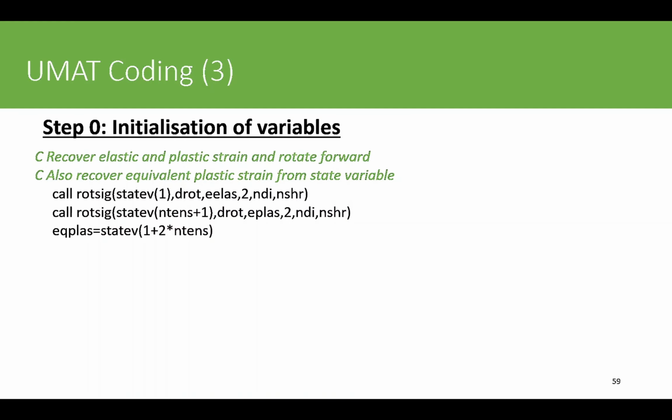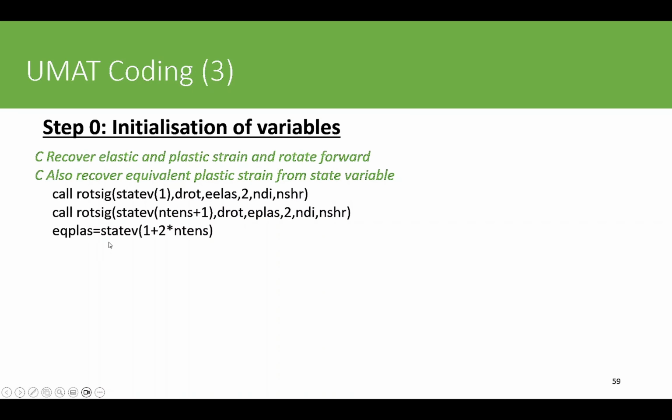As I told you, if we are working with finite deformation cases, then we need to use the finite deformation formulation, and Abaqus has this rotsig subroutine which can rotate the elastic and plastic strains in the forward direction. So we call rotsig, which transforms the state variables in the elastic and plastic zone and rotates them forward.